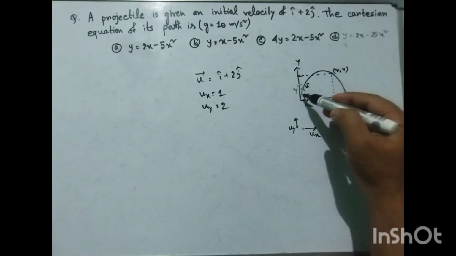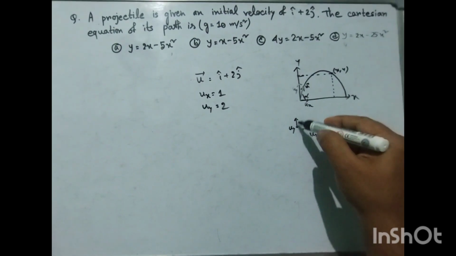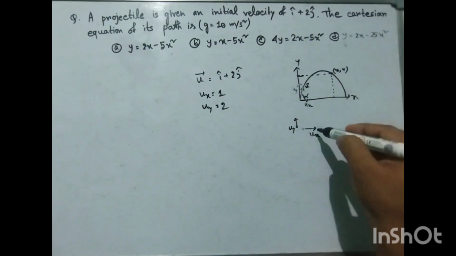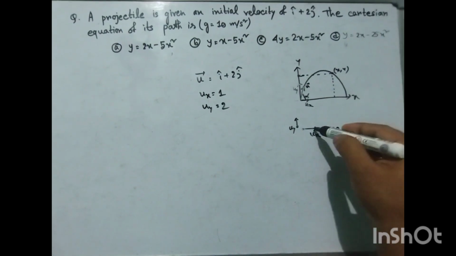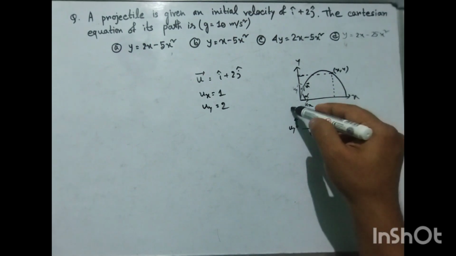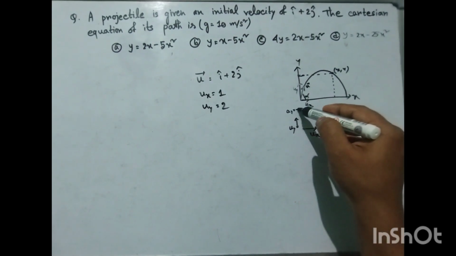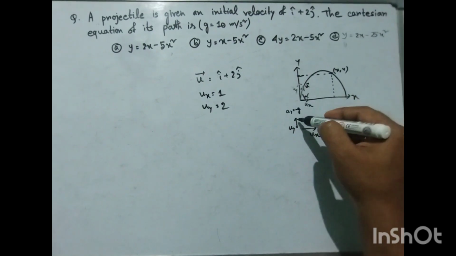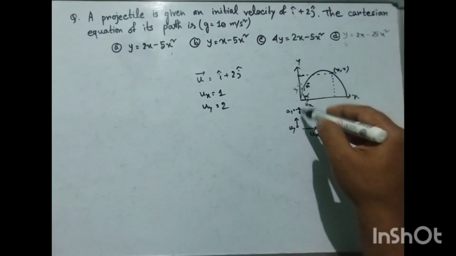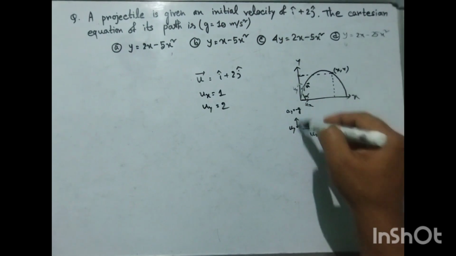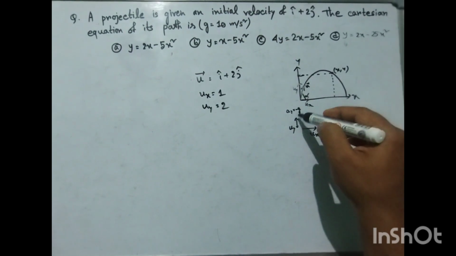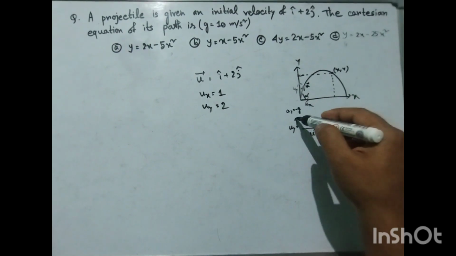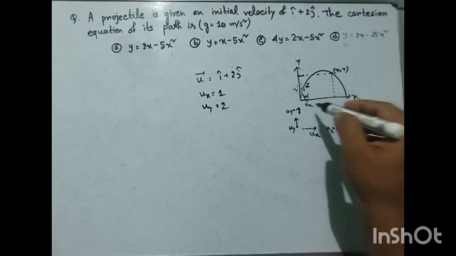The projectile motion is just a combination of these two motions. Here, in this motion, the acceleration ax is 0, and here this motion has ay equal to minus g, because there is gravitational attraction towards the earth, that is, in the negative y direction. Along the negative y axis there is a gravitational force, so there will be a gravitational acceleration, so ay will be minus g.